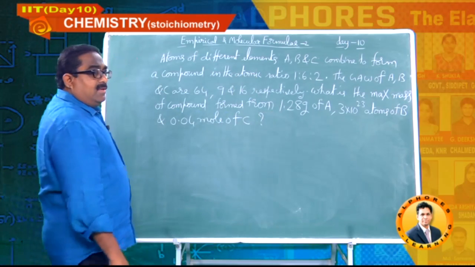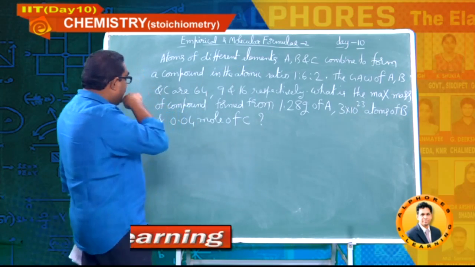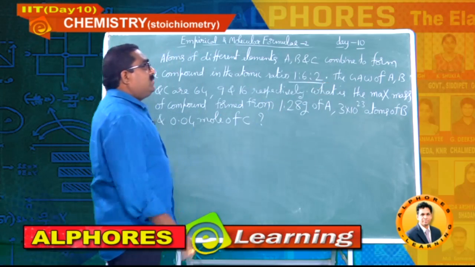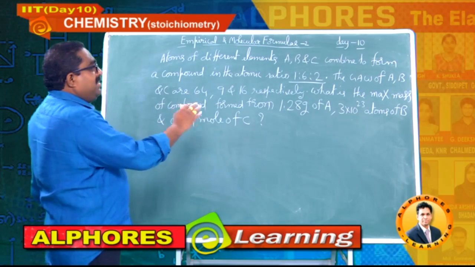I am repeating the question. Write down. Atoms of different elements A, B, and C combine to form a compound in the atomic ratio 1:6:2. So indirectly he has given the empirical formula AB6C2.